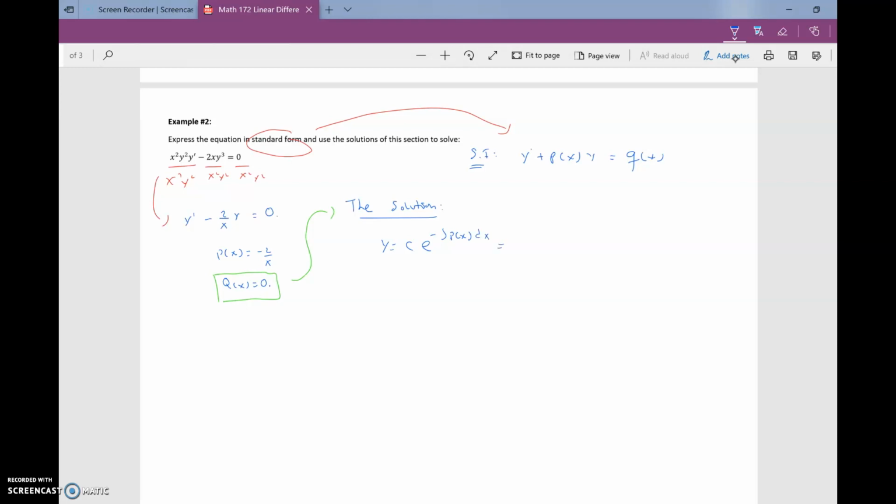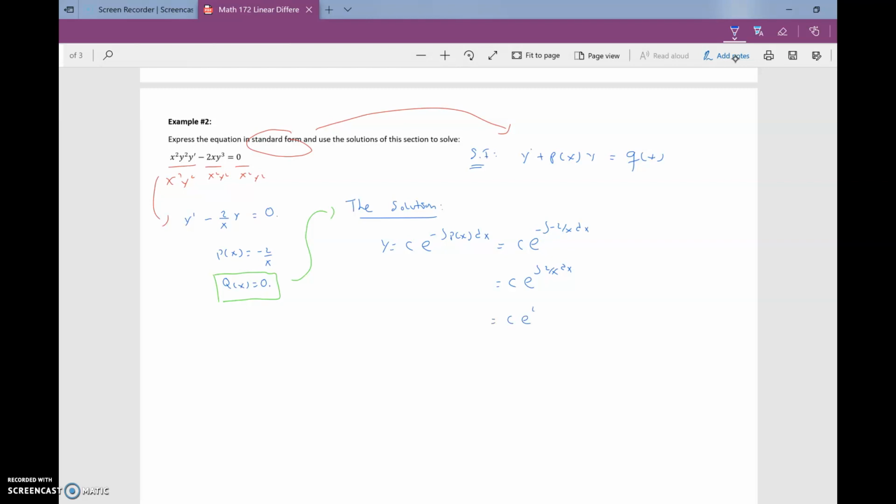So for this one, it's going to be c e to the negative integral of negative 2 over x dx, which happens to be c e to the integral of 2 over x dx.